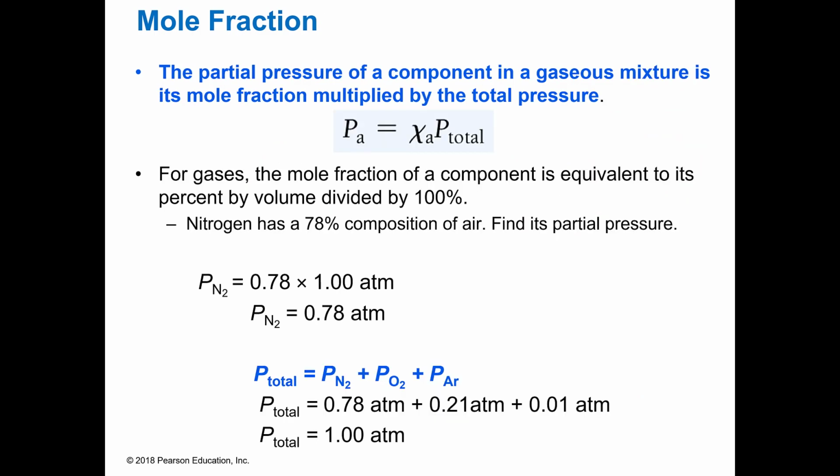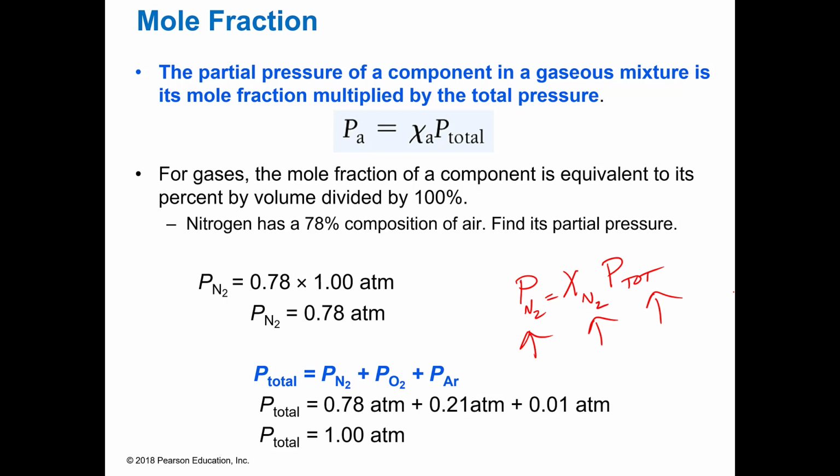If you want to rearrange that, you can also look at it as the partial pressure of something like nitrogen being equal to the mole fraction of nitrogen times the total pressure. So if you know the mole fraction and you know the total pressure, you can find the partial pressure.